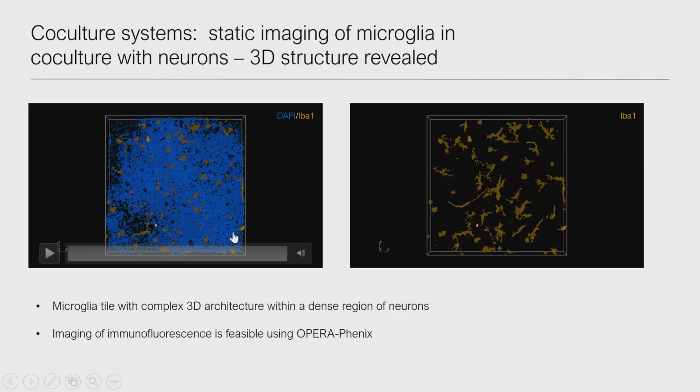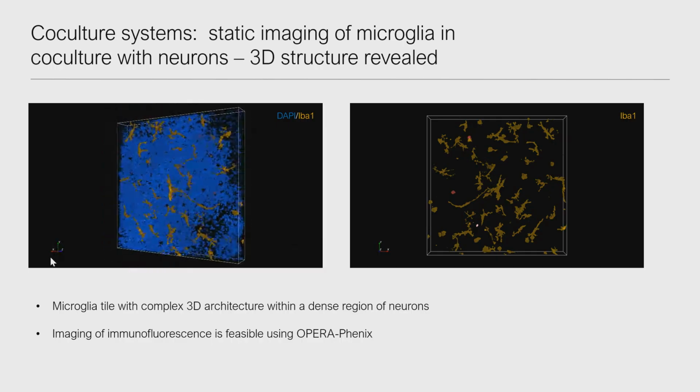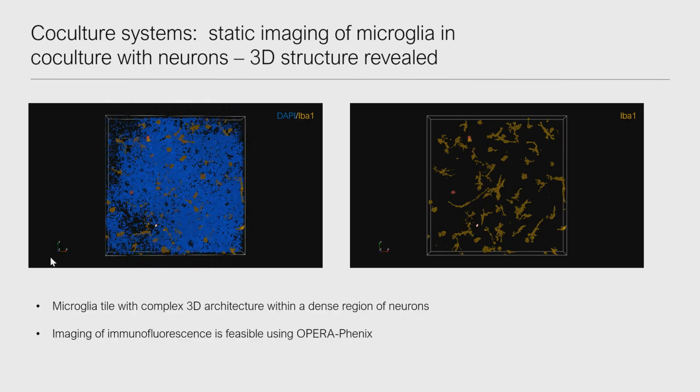So just to explain what I mean, this video shows a section of neuron microglia co-culture where the microglia are really embedded in the 3D structure of the kind of dense neuronal network.